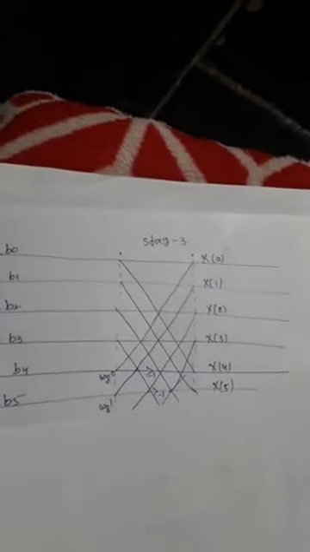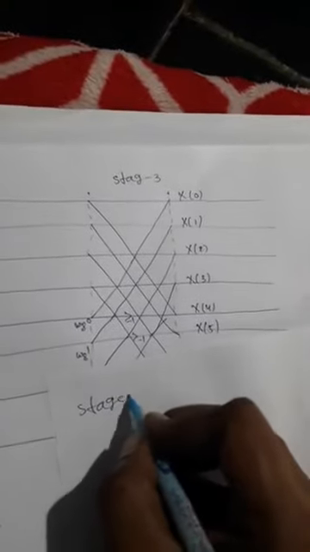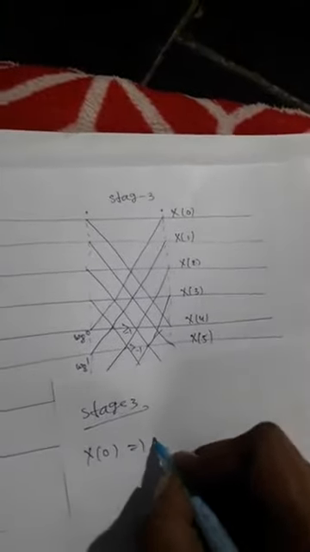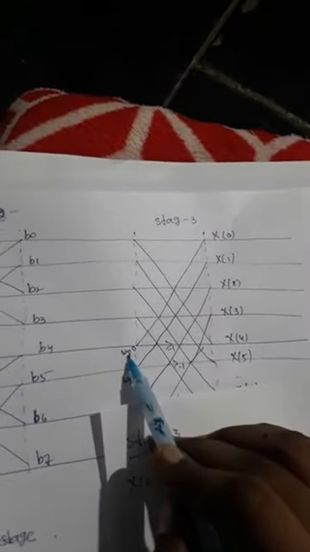Next is third stage. In third stage, here the outputs are x of 0. So how to find out the x of 0? See here, x of 0 terminal is connected to b0 and b4 with w 8 to the power of 0.